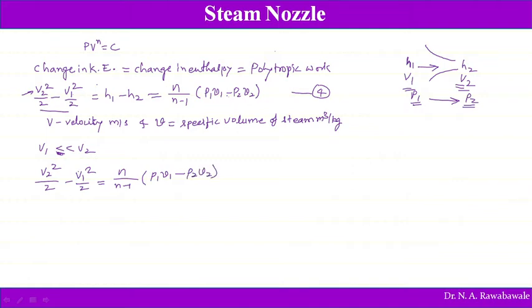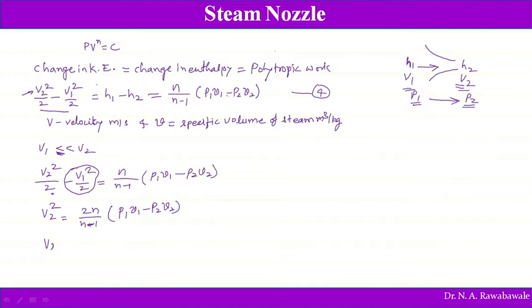Here the first term is kept as it is, but for the second term, velocity V1 is very small, so this term can be neglected. Therefore V2 squared is equal to 2n divided by n minus 1, in brackets P1 v1 minus P2 v2. We have just transferred the 2 in the denominator to the right-hand side, and the second term is neglected because velocity V1 is very much less than V2.